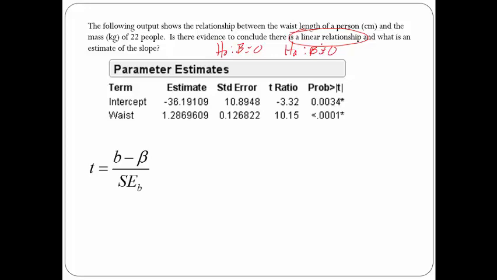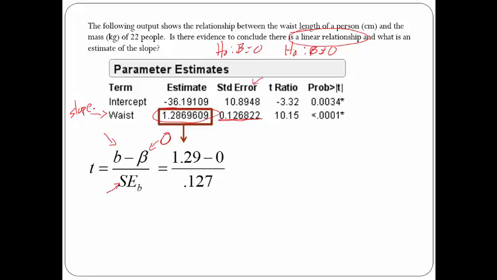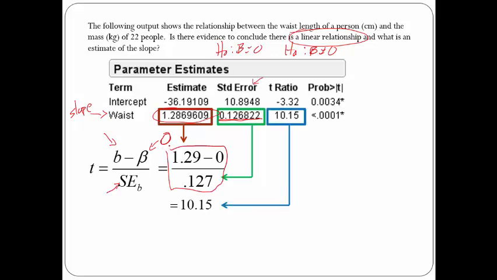So here's our formula. Little b, that's sitting right here. Big B, we set in the original, that's 0. And then the standard error for b, there's the word standard error. And remember, this line right here is everything you need to know on slope. So we can literally plug all of that stuff in. Strangely enough, if you actually do this math, it's 10.15, but you didn't actually have to do that math.